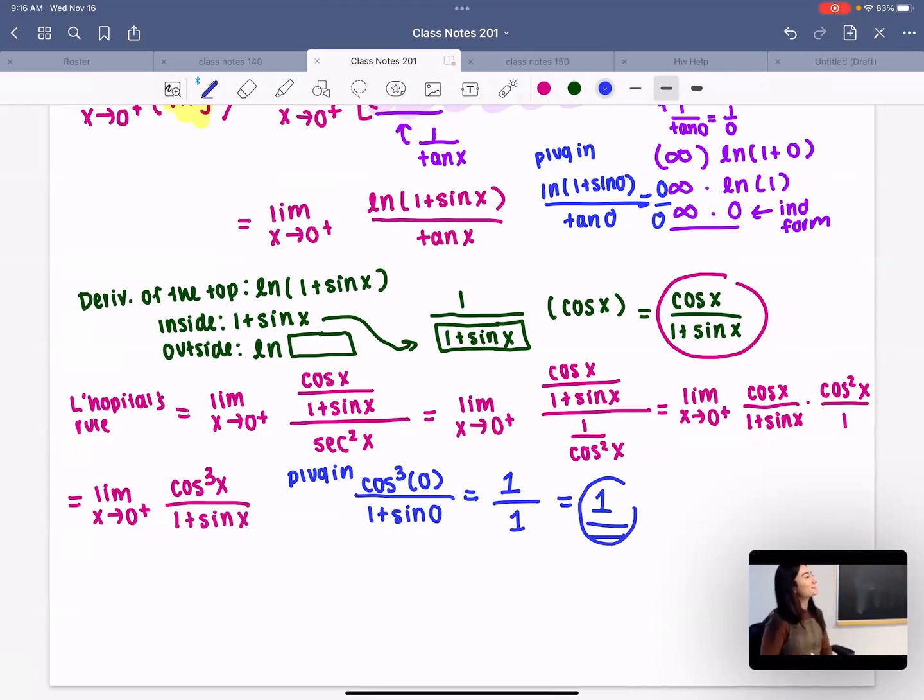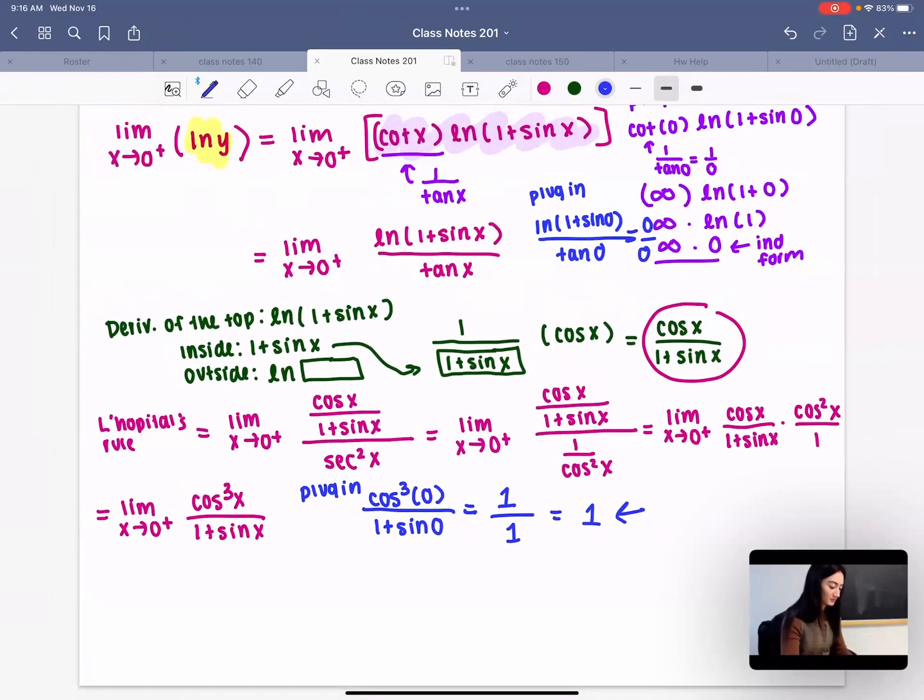Actually, it's not an indeterminate form. No, it's not. I just don't have it. What is 1? What is this the answer to? What is this limit? To L and Y. Good. This is the limit. So this is the limit as x goes to 0 plus of the natural log of y. Is that what we want to find the limit of?